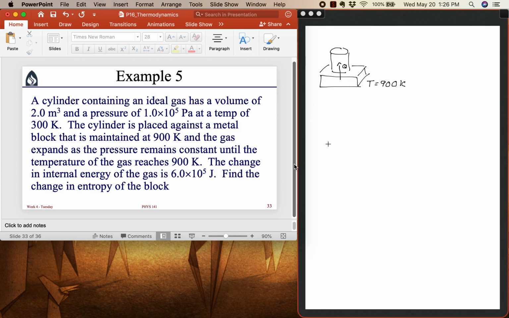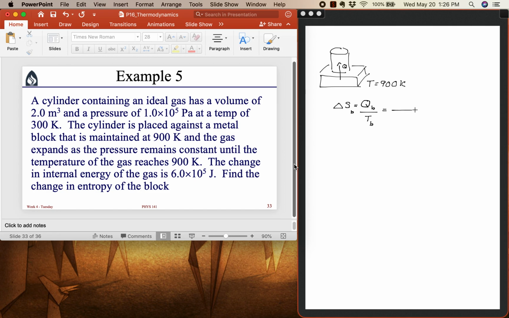And we're asked to find the change in entropy of the block. So we know that the change in entropy, and this is going to be the change in entropy of the block, is the heat exchange for the block divided by the temperature of the block, since we're looking for the change in entropy of the block.